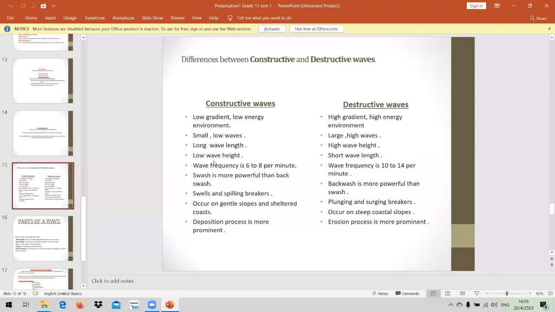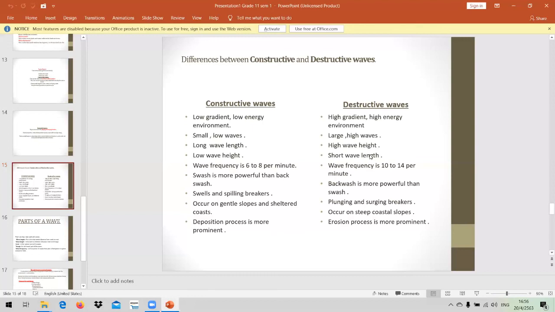Constructive waves have low wave height. The wave frequency is 6 to 8 per minute. They have more swash, which is more powerful, and they occur on gentle slopes and sheltered coasts. That's what we can say about the constructive.